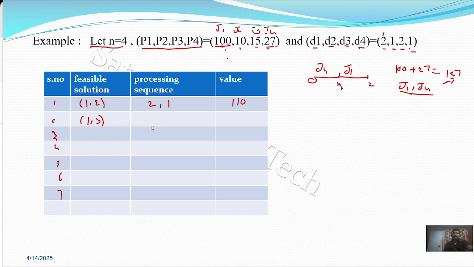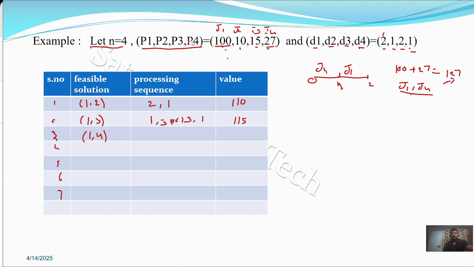So you can complete either job 1 and then 3, or first 3 and then 1. Both sequences are correct, and you get 100 plus 15, so 115 is the profit. Now for example, consider job 1 and job 4.